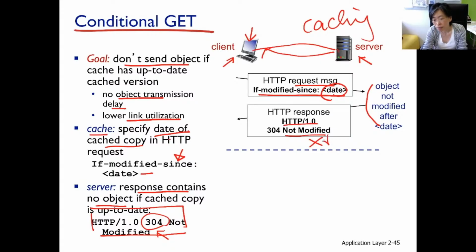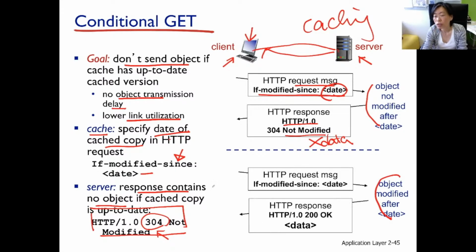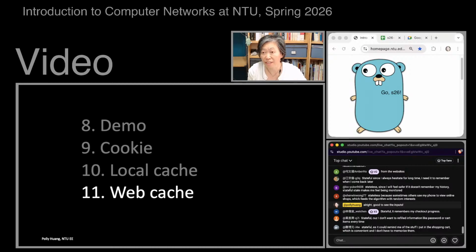No data here. But otherwise, if the object is modified, then we send back a regular HTTP response that says 200 OK in the status line, and the web object, the web page again, in the body. All right, so that's the local cache.